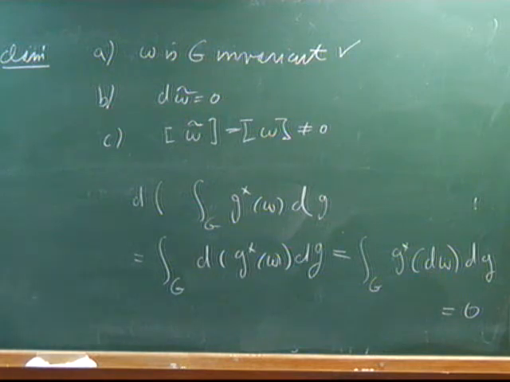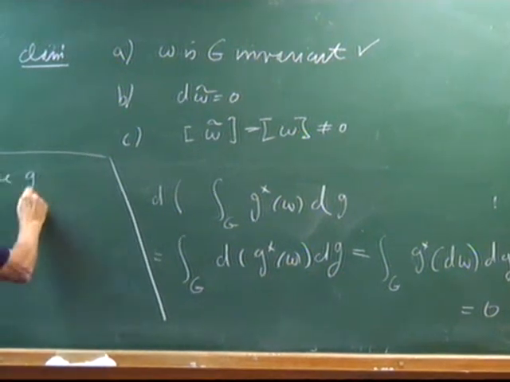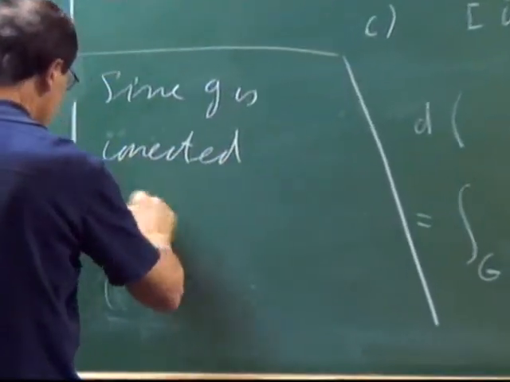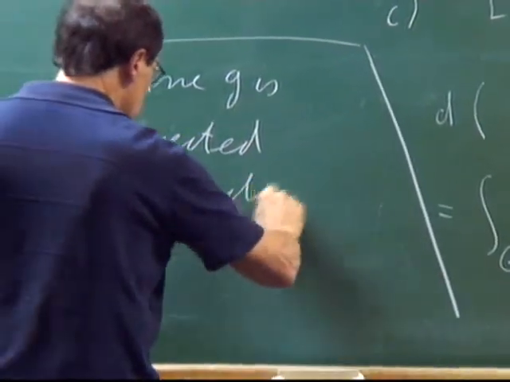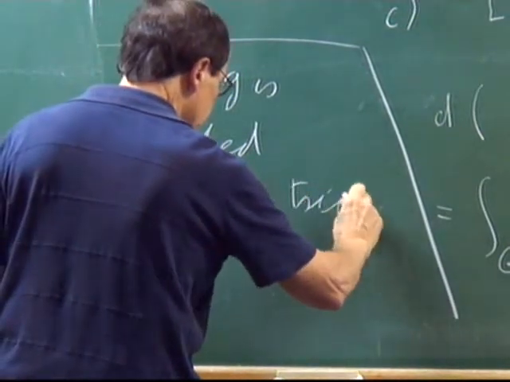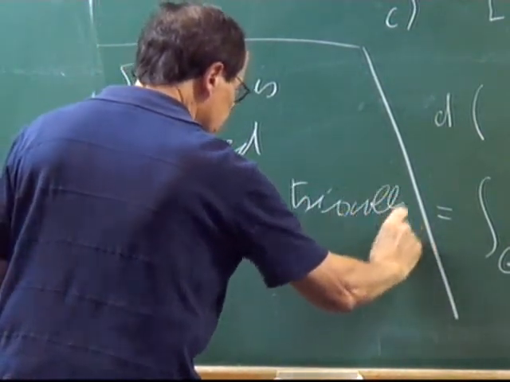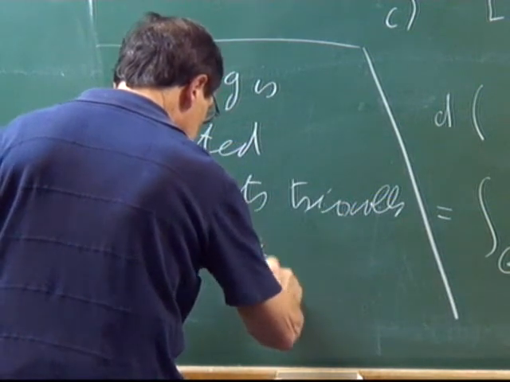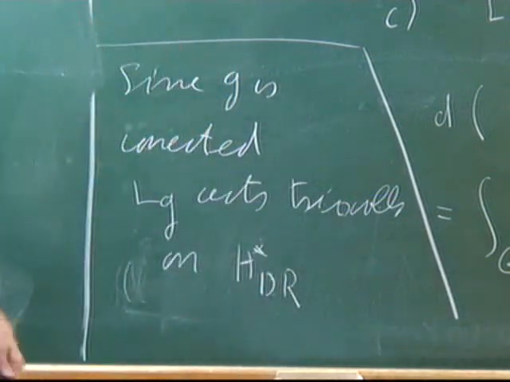Now I just want to say it has the same cohomology class. Notice that since G is connected, left translation by G acts trivially on de Rham cohomology. Right, they're all homotopic to the identity because G is connected.